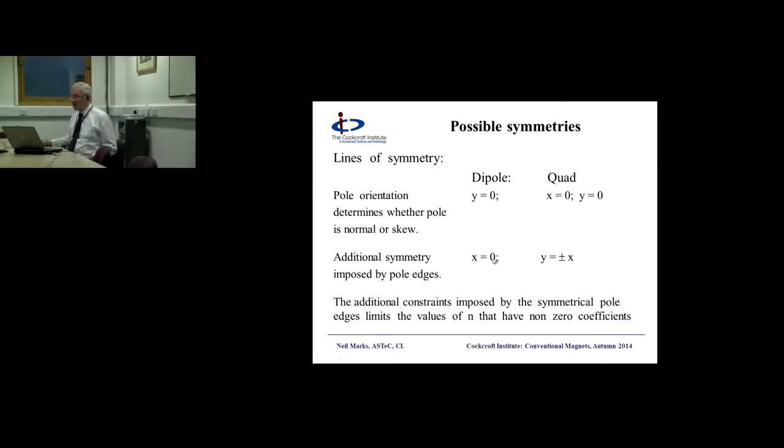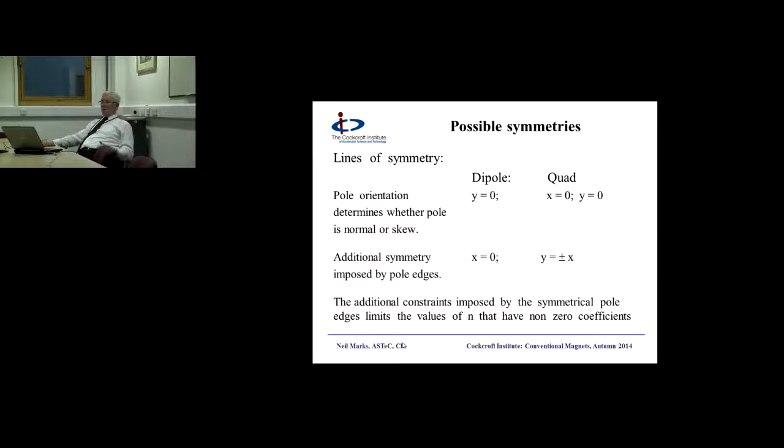But there's an additional symmetry that you can impose by putting the pole edges at the right place. So if your dipole is symmetrical, not just about the horizontal axis, the y equals naught axis, but you make it symmetrical about the vertical axis, the x equals naught axis, then in fact you are imposing a very significant constraint on the geometry of the magnet.